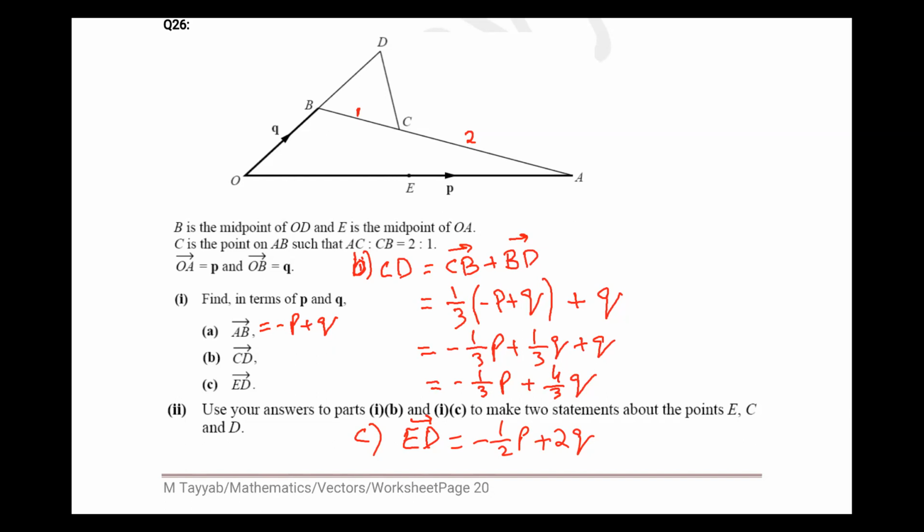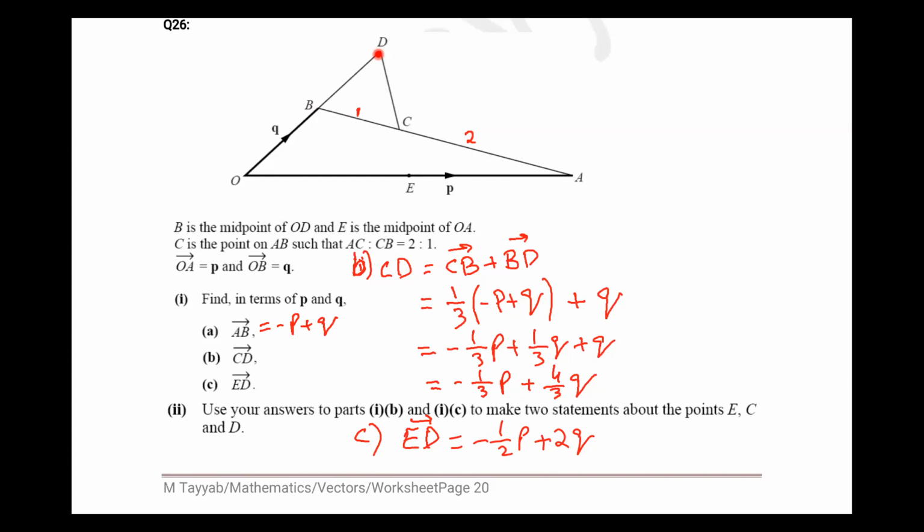Okay, the last part is interesting. Use your answers to part 1B and 1C to make two statements about the points E, C, and D. E, C, and D. What two statements you can make about E, C, and D using your part 1B and 1C? जी आपने जब B और C अब आप कर लिए हैं तो I'm giving you some time.